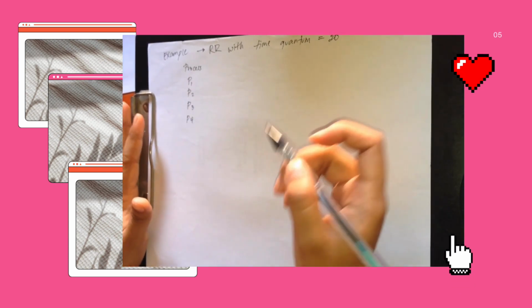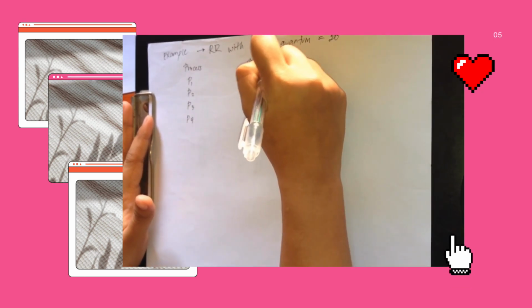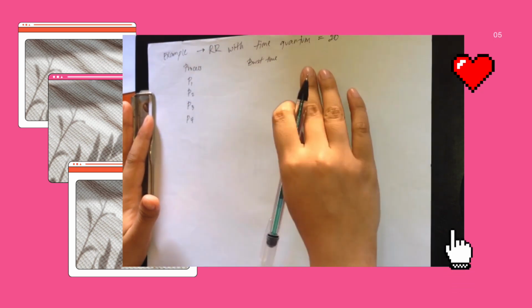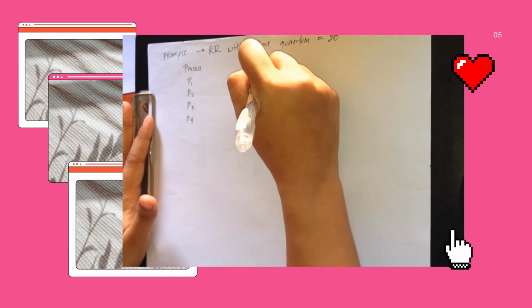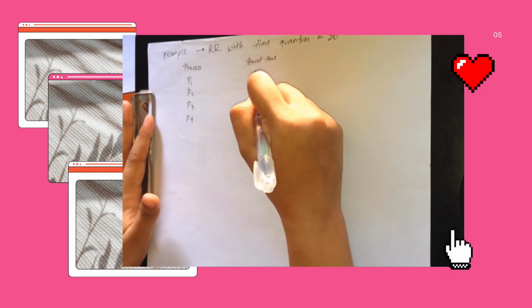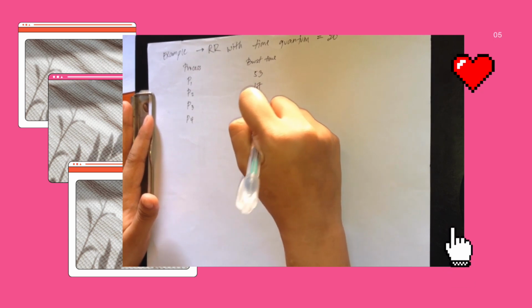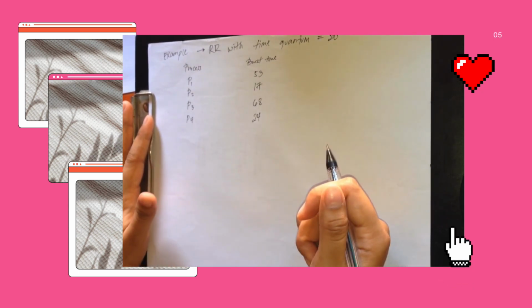And we need our burst times: 53, 17, 68, and 24 for P4.